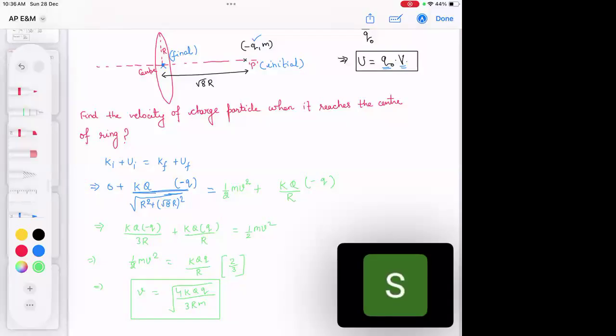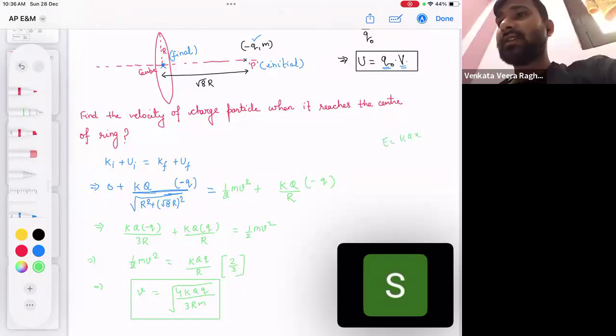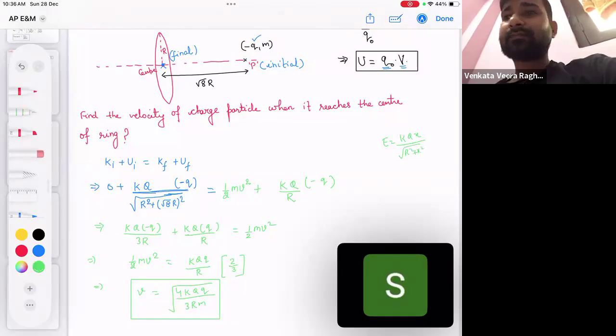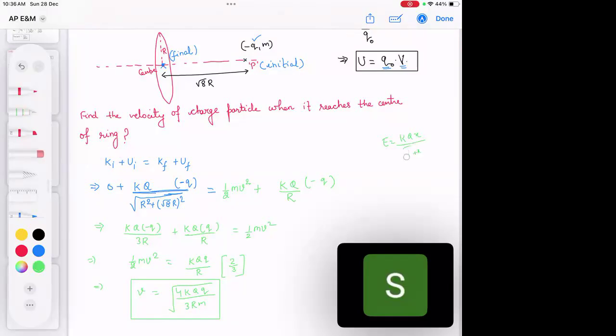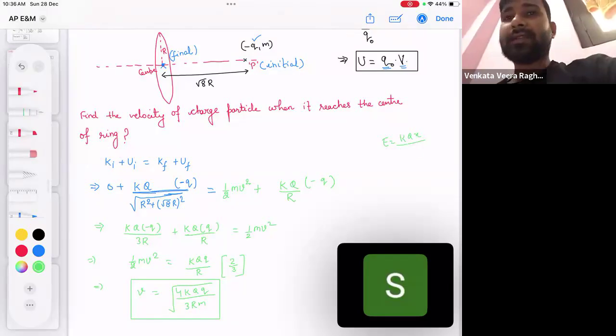We have the formula KQX by (R square plus X square) to the power 3 by 2.